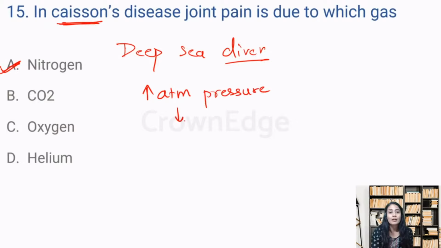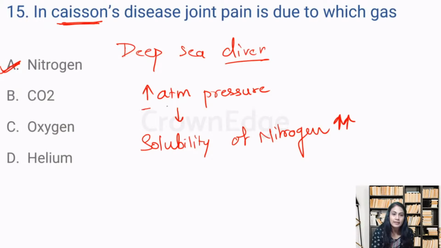Once the atmospheric pressure is increased, the solubility of nitrogen is increased. As you increase the atmospheric pressure, the nitrogen solubility inside the blood is going to increase, and because of that, this nitrogen will go and deposit somewhere in the joints also, in the brain also, in the lungs also.